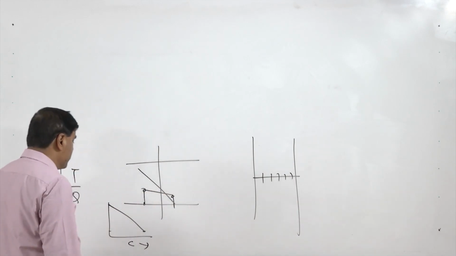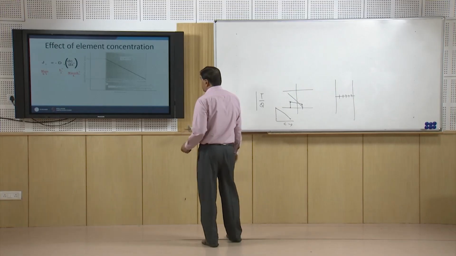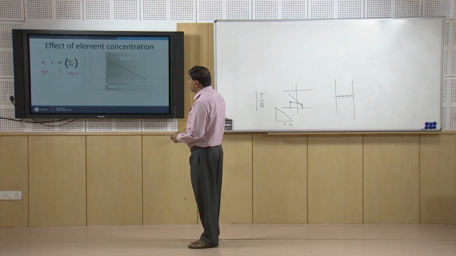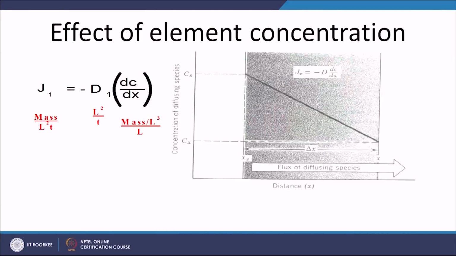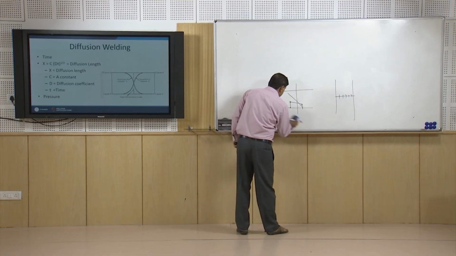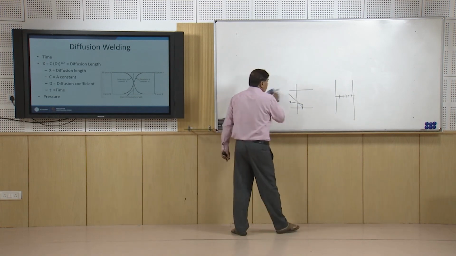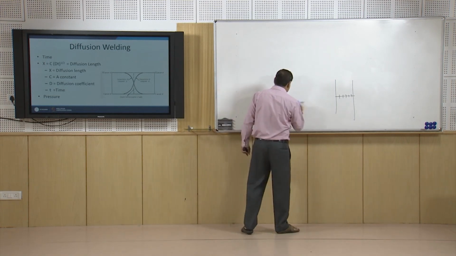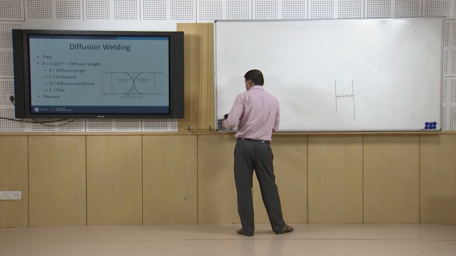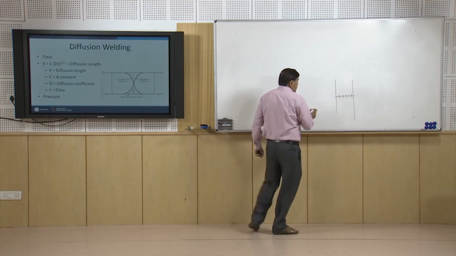This is what is expressed by the term dC by dx, indicating the concentration gradient between the two points. Another factor which will determine the distance up to which diffusion will take place is the interface.